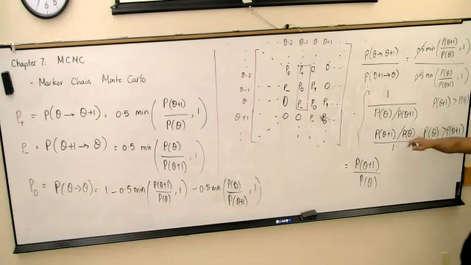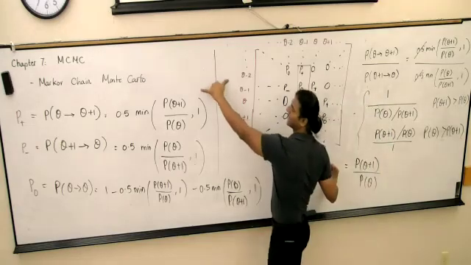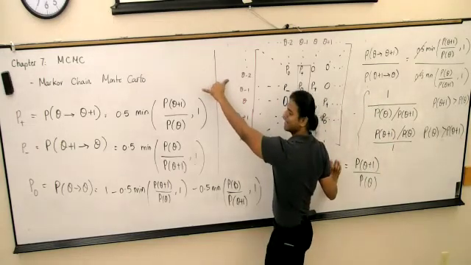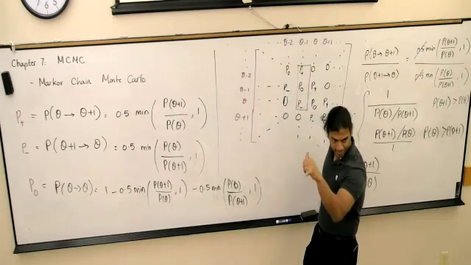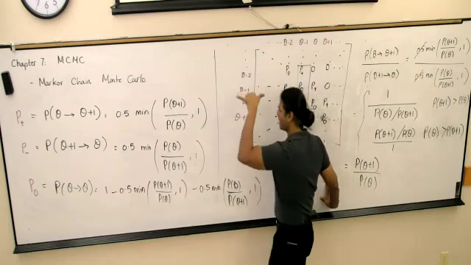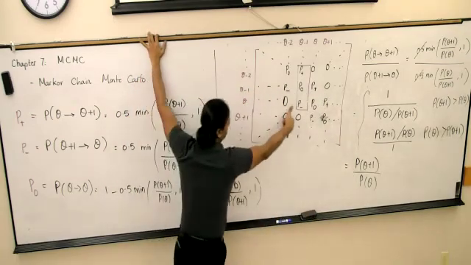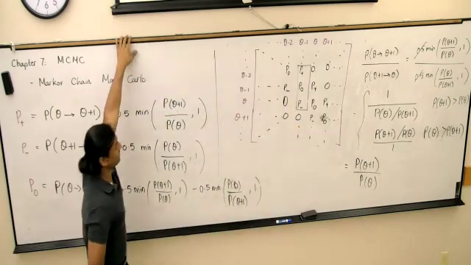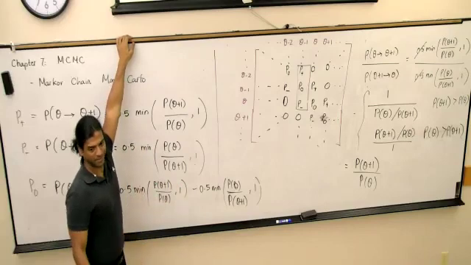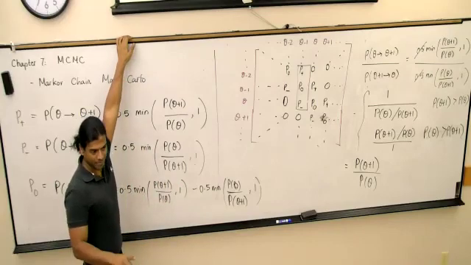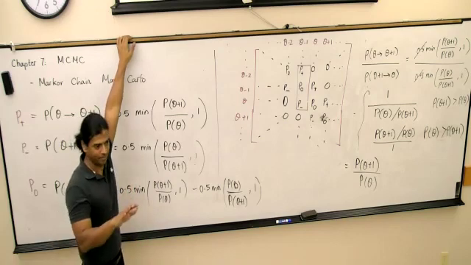Now, the goal next time before we do the simulation is to pick a steady state distribution, which would be the target distribution. If I multiply the target distribution by this matrix, I'll end up getting the target distribution back. That goes to the steady state concept we talked about.